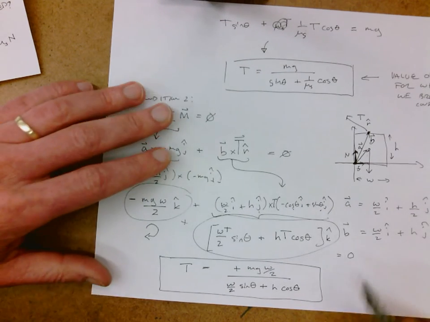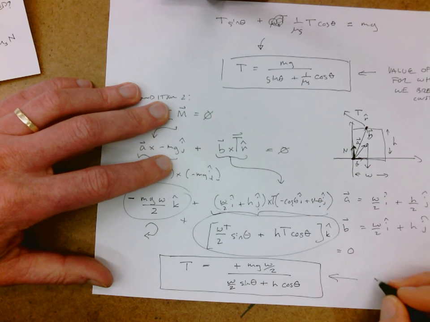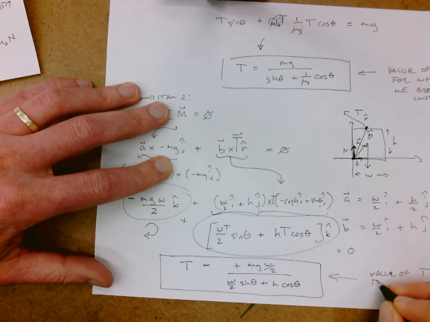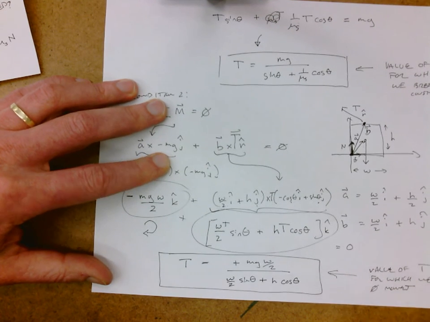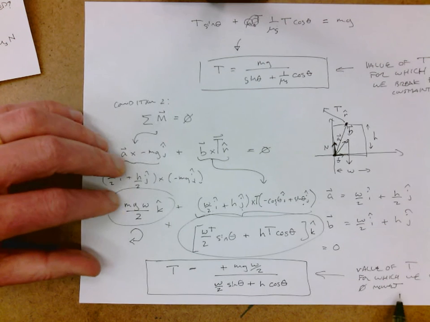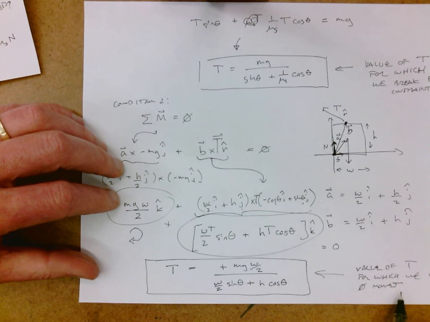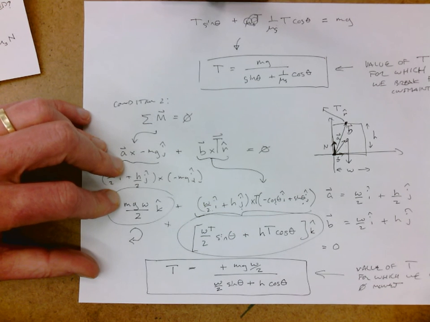So at this point we actually have two conditions on T. We can keep the frictional constraint, but break the constraint that the sum of moments is 0.